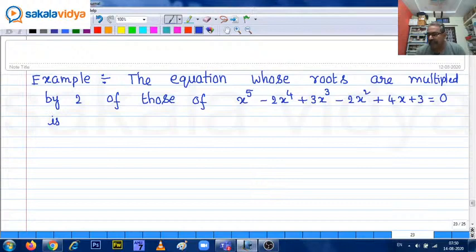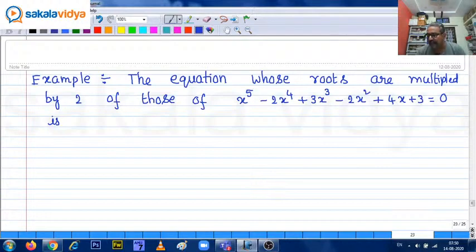First all of you read the question. We need the equation whose roots are multiplied by 2 of those of x to the power of 5 minus 2x to the power of 4 plus 3x cube minus 2x square plus 4x plus 3 is equal to 0. That means suppose alpha 1, alpha 2, alpha 3, alpha 4, alpha 5 are the roots of the given equation, because there are 5 roots.